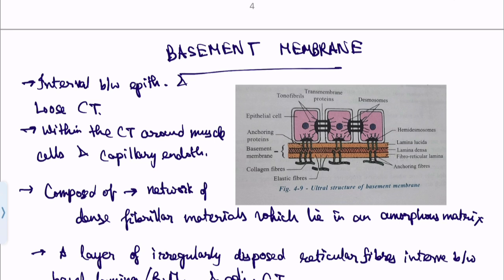So as you can see, it contains some parts which are mentioned over here in much detail. I don't think we require, like lamina lucida, lamina densa, then the fibroreticular lamina, okay, which is mentioned over here. Right, all this is basically the basement membrane, these three layers. Some anchoring fibers may be present over here. Right, some collagen fibers, some elastic fibers. They're looking similar only.